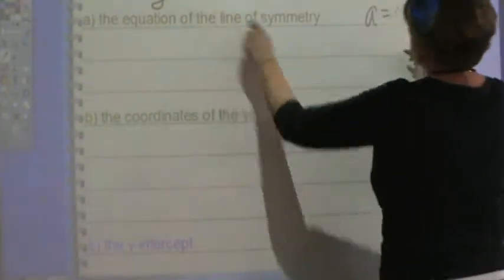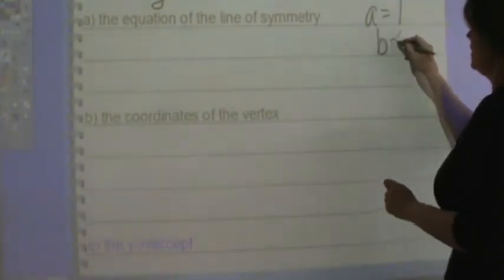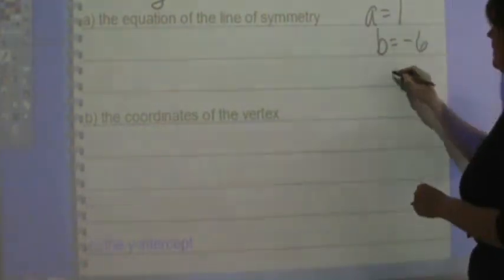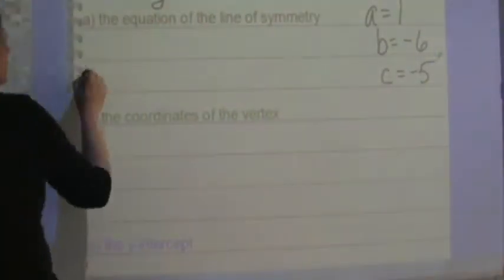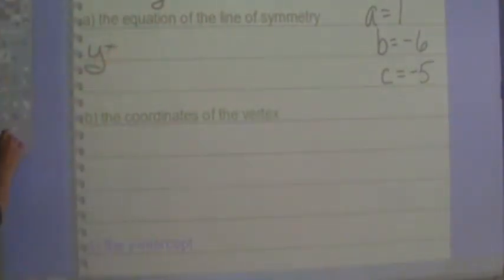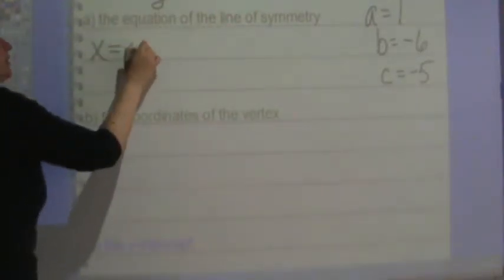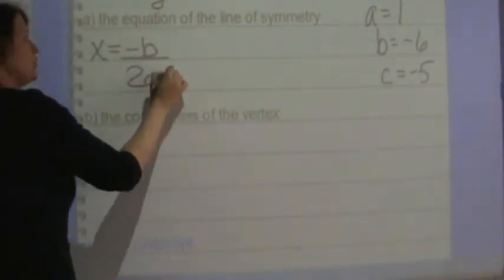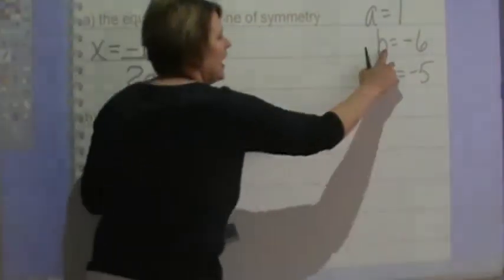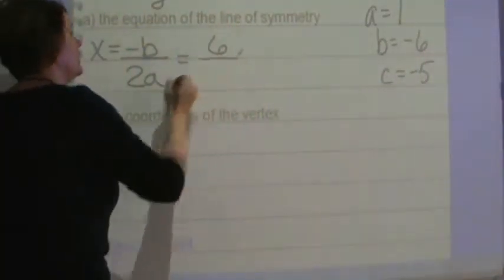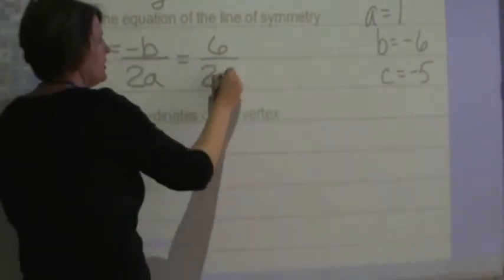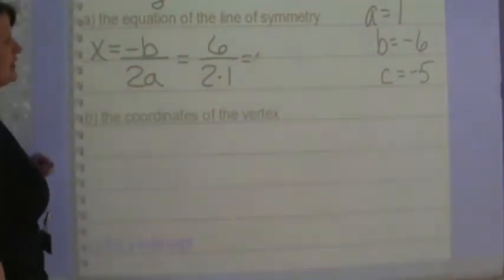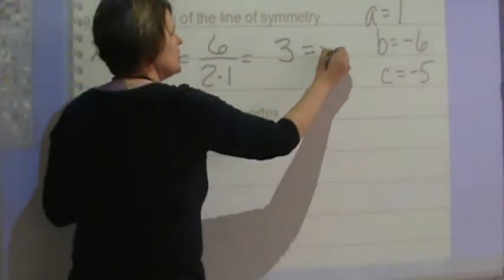Our a is 1, our b is negative 6, and our c is negative 5. X equals the opposite of b over 2a. The opposite of negative 6 is 6, and 2 times 1 is 2. So 6 divided by 2 is 3, and my line of symmetry is x equals 3.